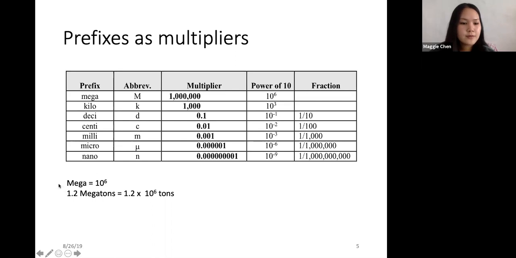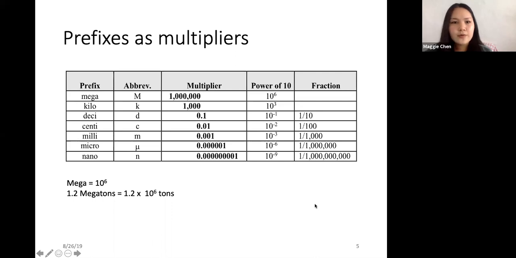At the bottom here, if we indicate mega as 10 to the power of 6, we can rewrite this, so 1.2 megatons would just mean 1.2 times 10 to the 6 tons. These two definitions mean the same thing. And that's just something to keep in mind: each prefix has a different multiplier, and it'll give you a different context.